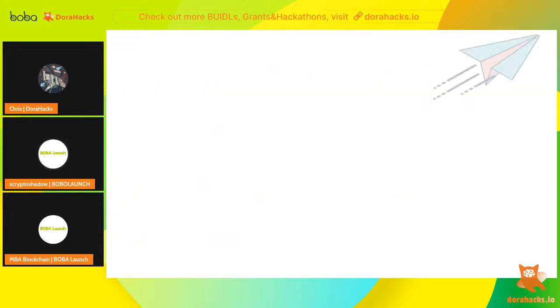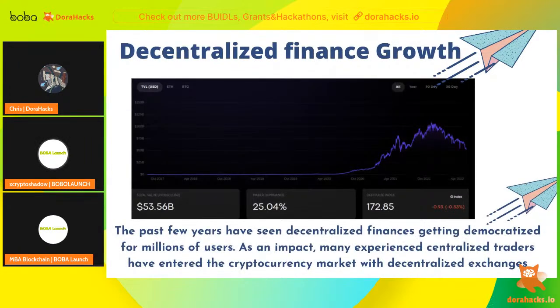So why do we want this kind of project? We know how much DeFi has grown in the last 1.5 years. Total value locked in DeFi protocols is currently showing 5.3, but before the recent crash it was nearly 80 billion around the market.